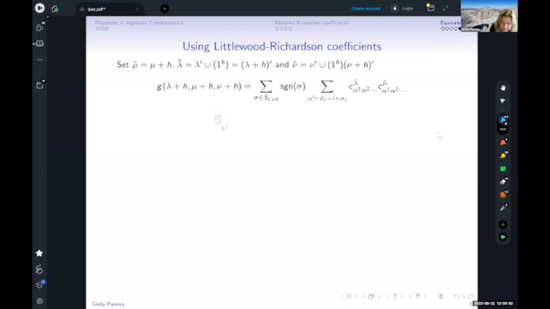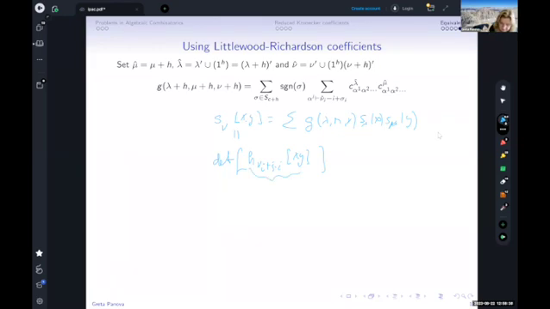Let's say we have S nu of x y equal to our Kronecker coefficients, like this. We can write this Schur function using Jacobi-Trudi as the determinant of h nu i plus j minus i of x times y, and we know how to expand this.